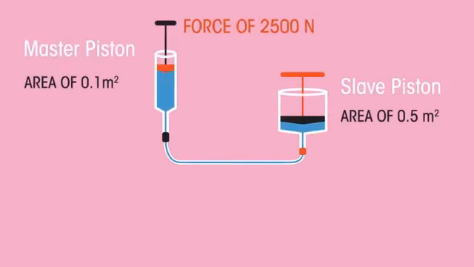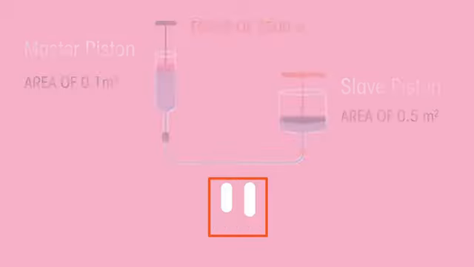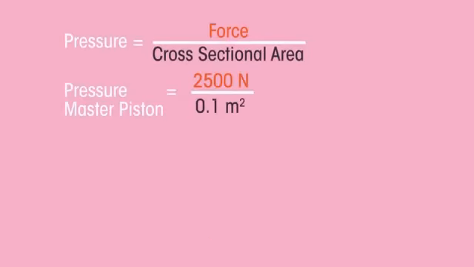A force of 2,500 newtons is applied to a master piston with a surface area of 0.1 meters squared. Calculate the force generated in the slave piston with a surface area of 0.5 meters squared. Pause the video and work it out. So the pressure produced by the master piston is 25,000 pascals.